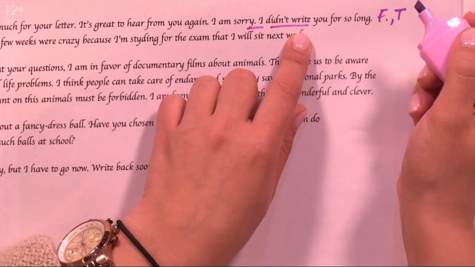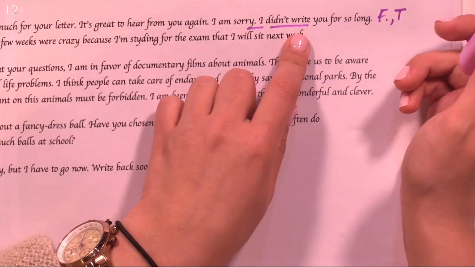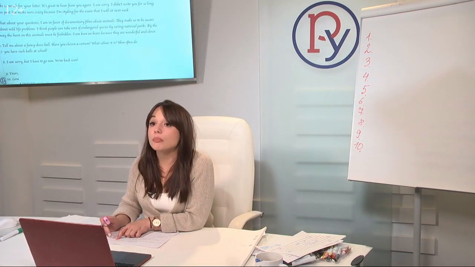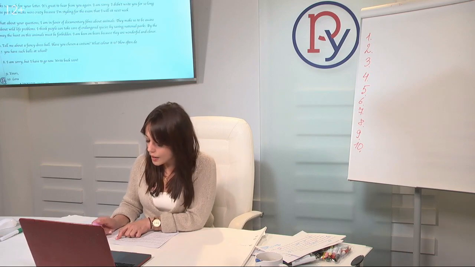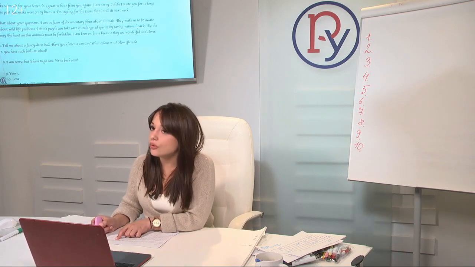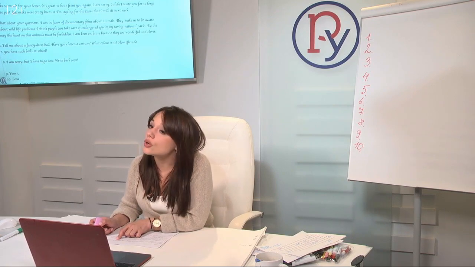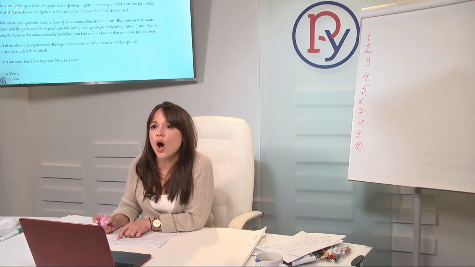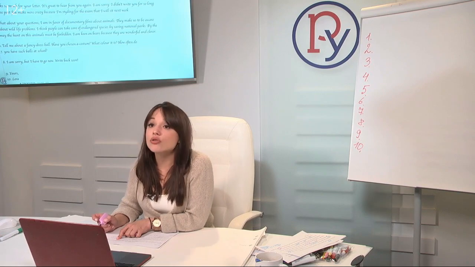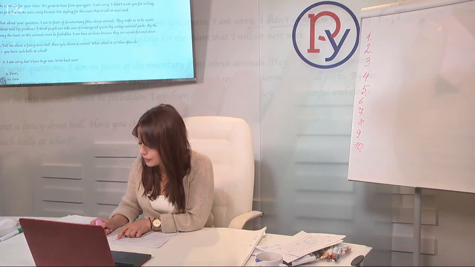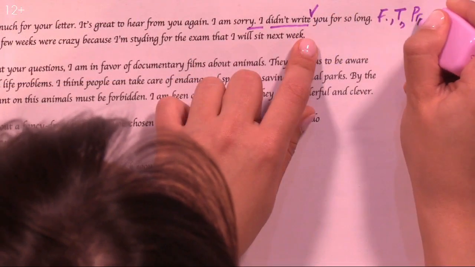Then you can say I haven't written for so long, but our learner decided to use the pronoun you here. But if we use the pronoun you, then we should also use the preposition to. I haven't written for so long, but I haven't written to you for so long, right? So there is a preposition missing.